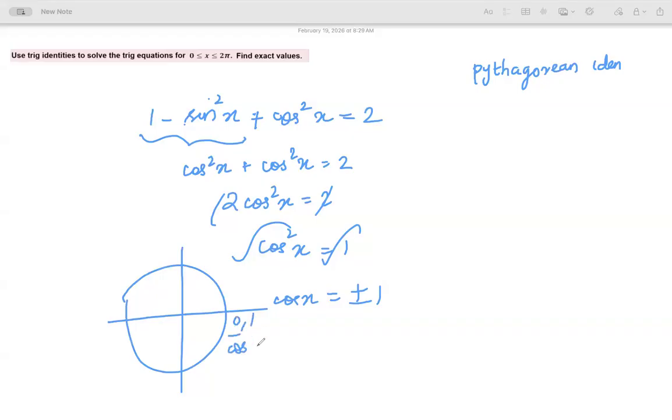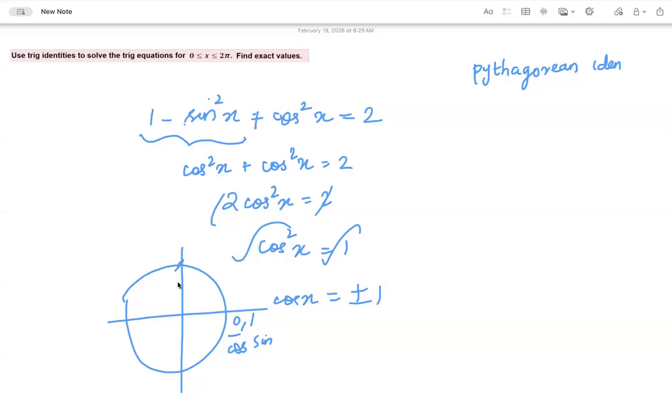This is cos, this is sine. Pi over 2, 3 pi over 2. Something feels wrong to me. Cos x is plus or minus 1. X will be equal to cos inverse of 1. Wait, is it pi over 2, 3 pi over 2?